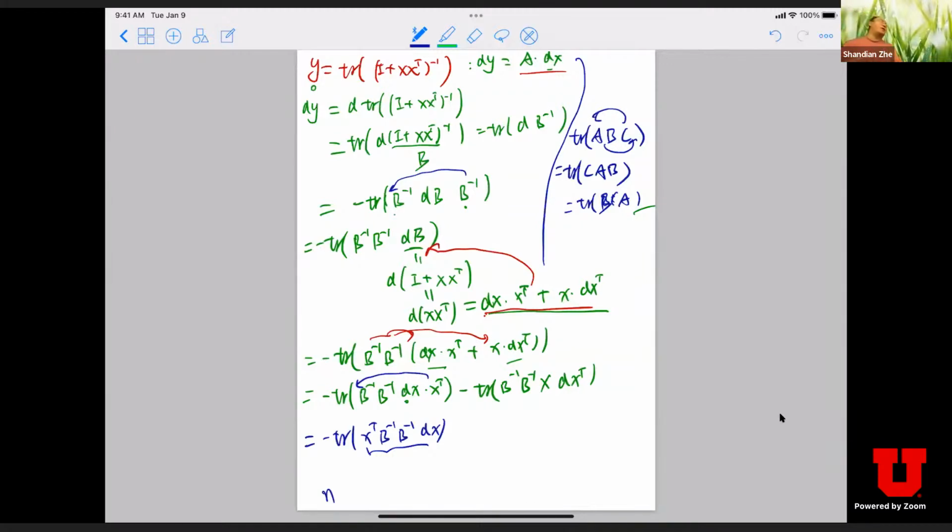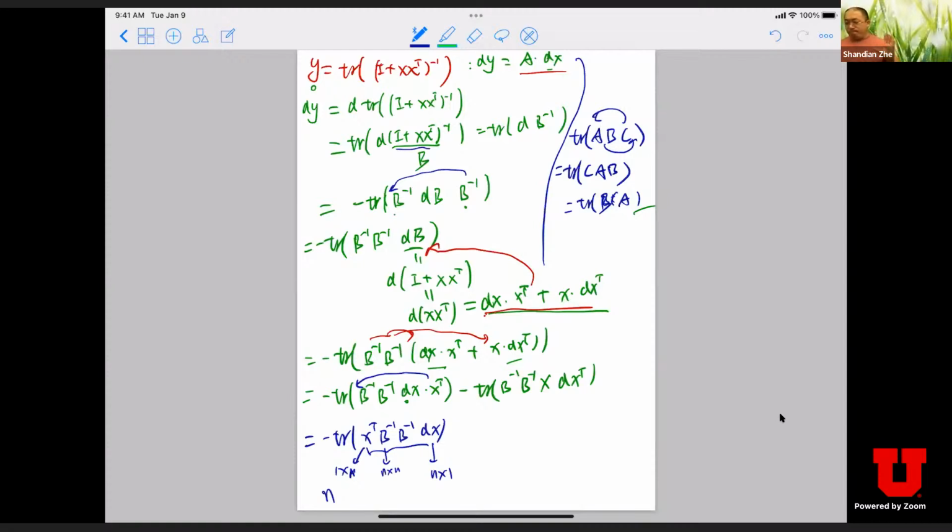Okay, let's look into it. So dx is an n by 1 vector, so x transpose is a 1 by n vector. And B minus, the definition of B is here, so B is an n by n matrix for sure.